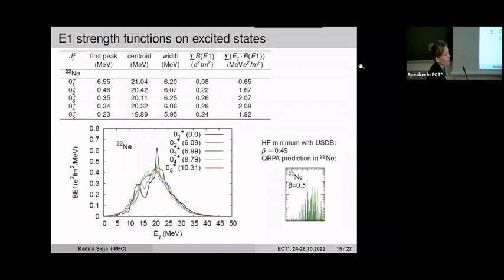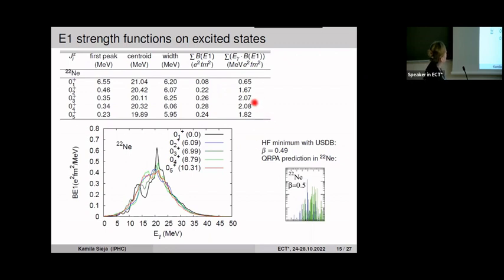And unfortunately, these are the details that are interesting when you are making neutron capture calculations. So when you take such a nucleus like neon 22, you see that you have less strength on the ground state, more strength on the excited states.